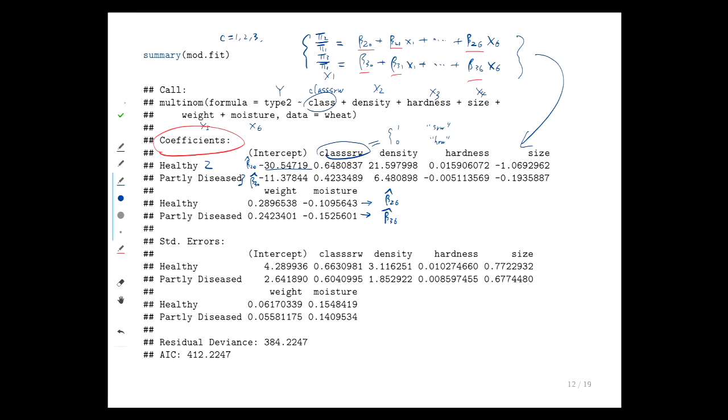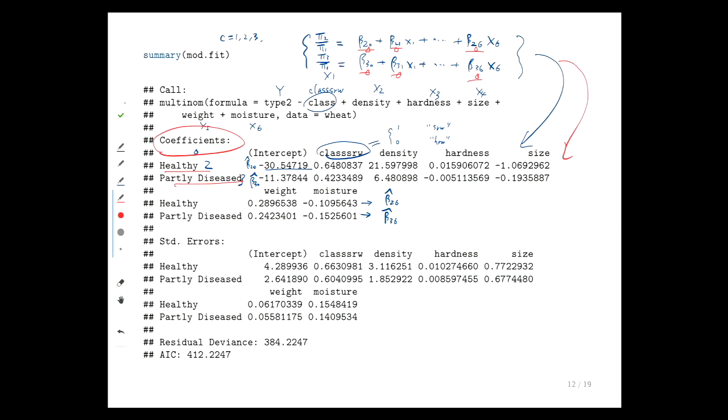So the coefficients part gives the exact maximum likelihood estimation for the coefficients. But in order to understand the coefficients, you actually need to write down the meaning of this healthy and partly diseased, how we use that, and also what's the meaning for the model in order to understand the meaning of those coefficients.